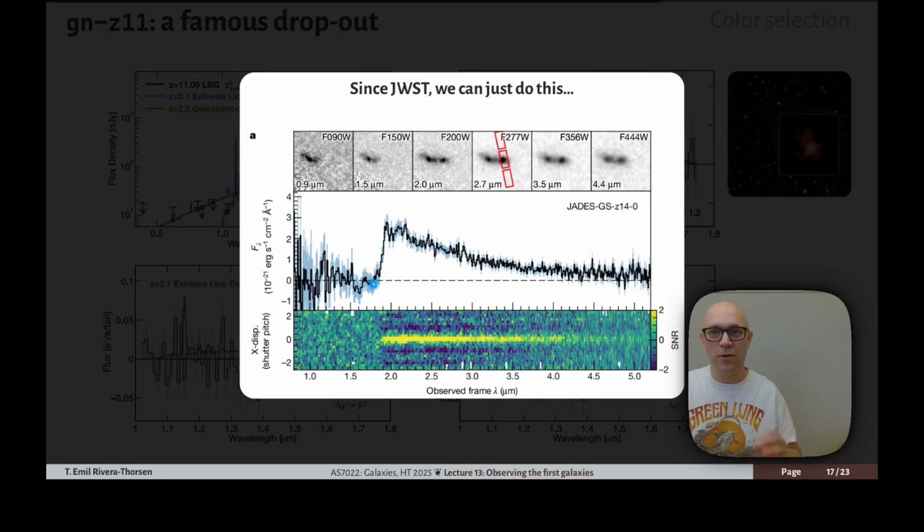You should note, though, that there's actually also a foreground galaxy here. So these are kind of important to disentangle, but you can see that this thing that is inside the slit here is not present over here. It's gone. It's a dropout here. It's a dropout here. And then it looks like it's turned up here, right?